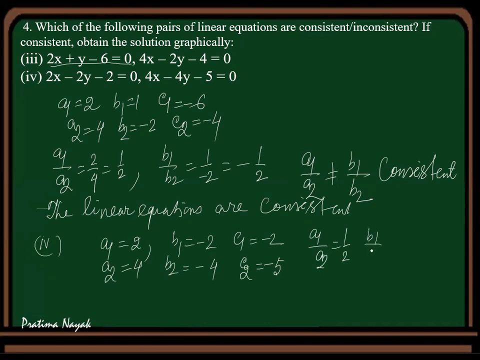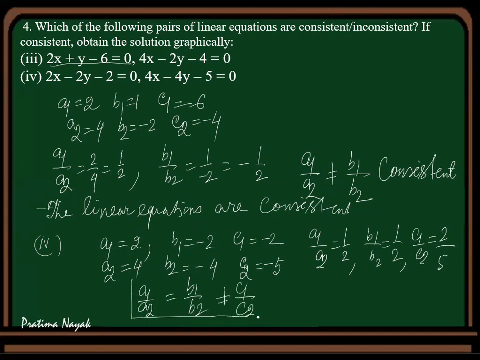B1 by B2 is again 1 by 2. But C1 by C2 is equal to 2 by 5. So we are getting A1 by A2 is equal to B1 by B2, not equal to C1 by C2. So this is inconsistent.